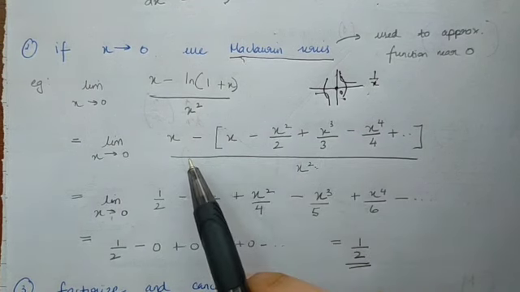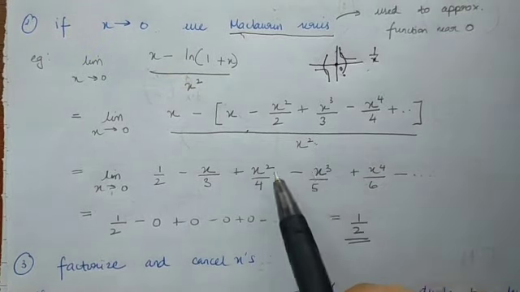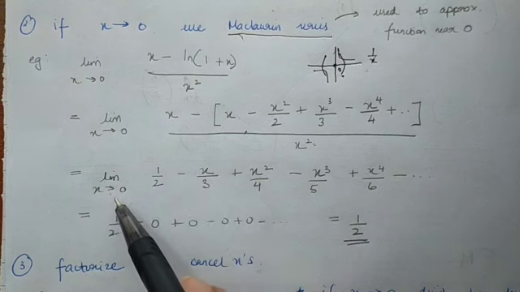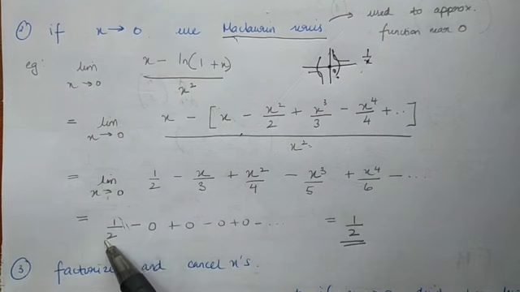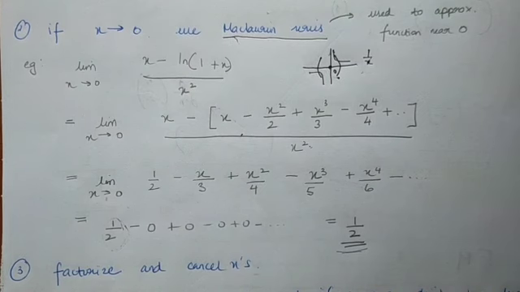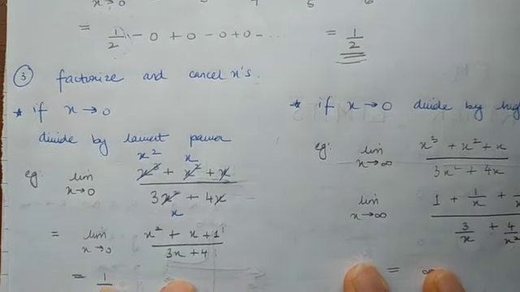And once we've simplified that and cancelled the x's, we get this. Now we can substitute x as 0 as we're approaching 0. And the only thing we have left is a half. So the limit equals a half. So that is another way that you can use Maclaurin to evaluate limits.